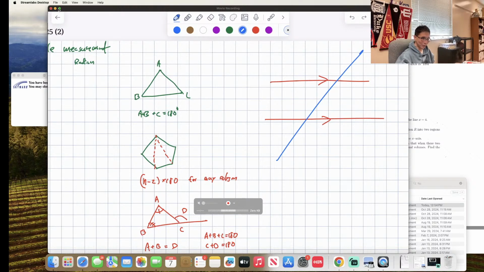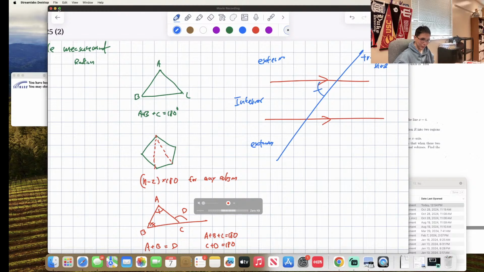This line is called a transversal line. Do you guys remember this? A transversal line intersects the two parallel lines. The inside is called interior. The outside is called exterior. Do you guys remember this? So inside is called interior.